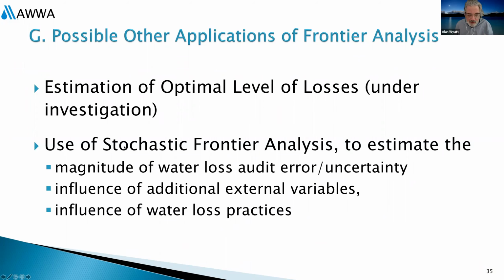And I hope to move into a stochastic approach, particularly to look at the error and uncertainty here. How much of the inefficiency is error? That's something important to know.